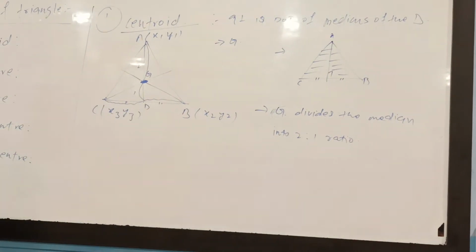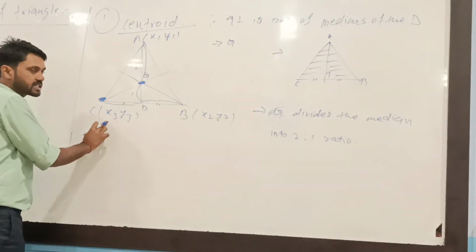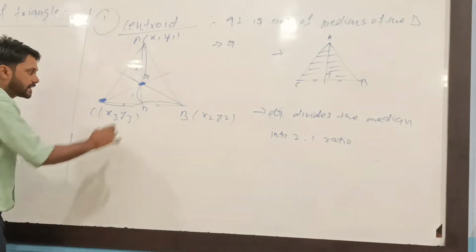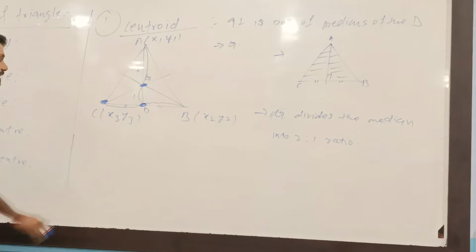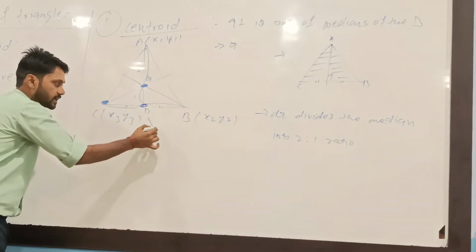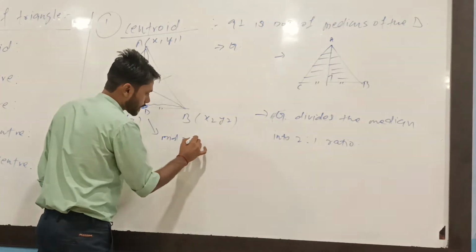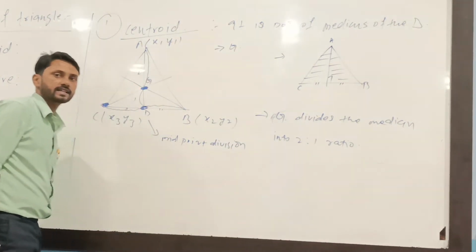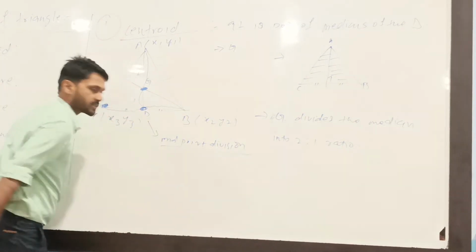Now we are going to find the coordinates of centroid. Remember, if you have this vertex given, that is x3, y3, and this vertex given, that is x2, y2, and D is the midpoint of the line segment joining CB, you can easily find the coordinates of D by the midpoint formula, which is also part of the section formula.